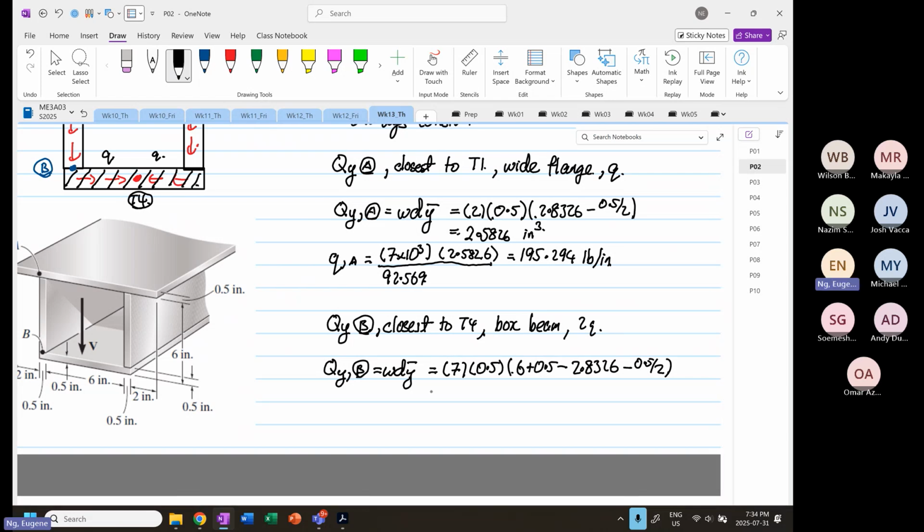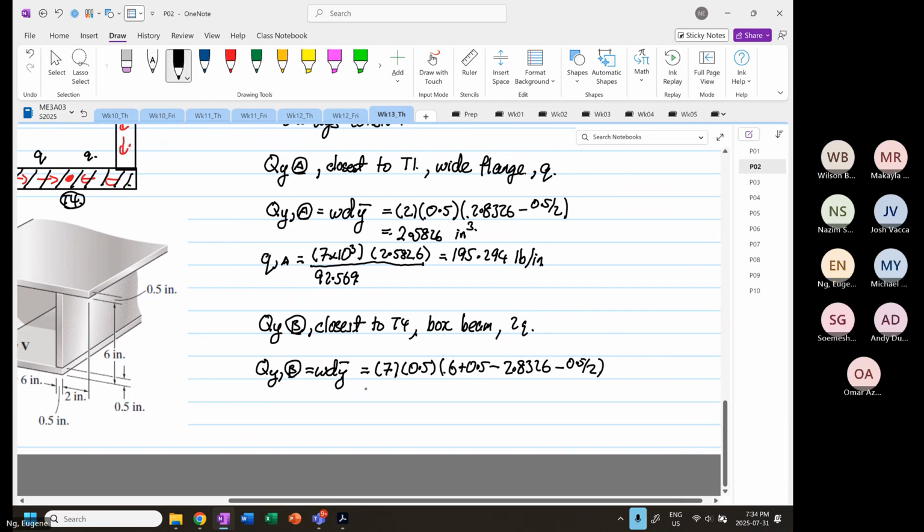Yep. Okay. So this will get us 6 plus 0.5 minus 2.8326 minus 0.5 divided by 2 times 0.5 times 7. I get 11.9609. Then did I enter something wrongly?